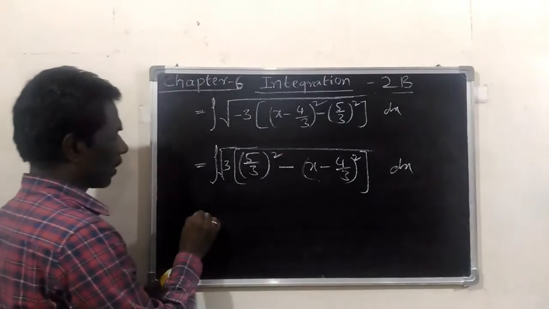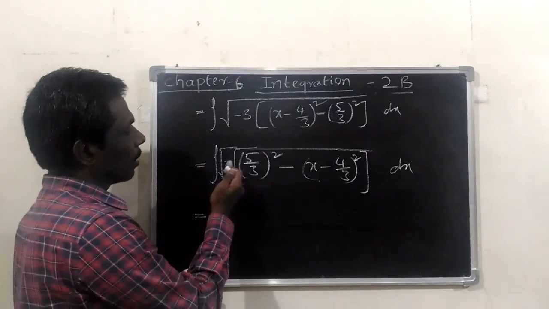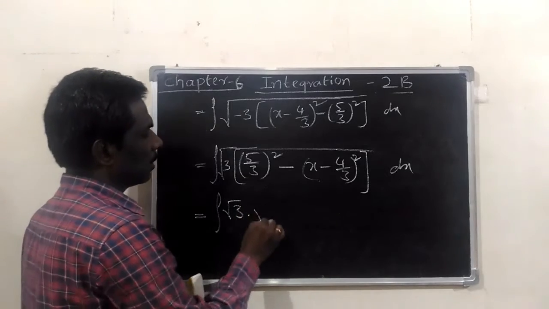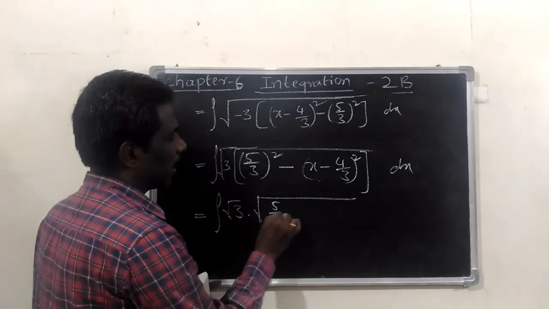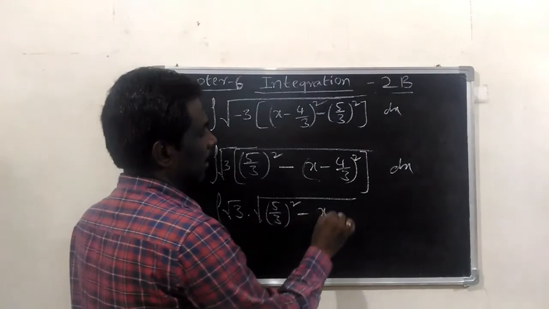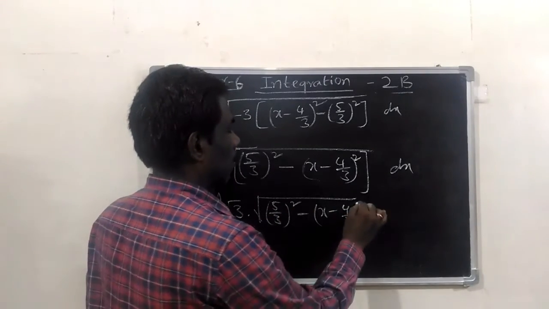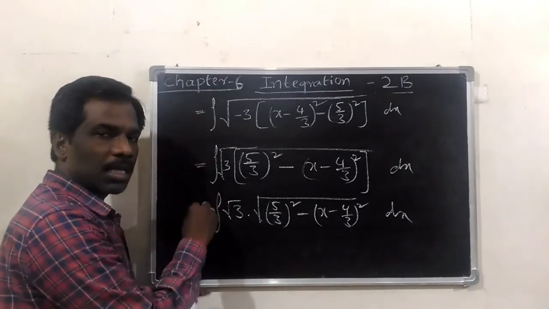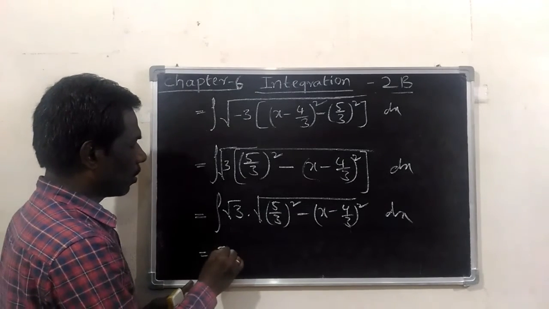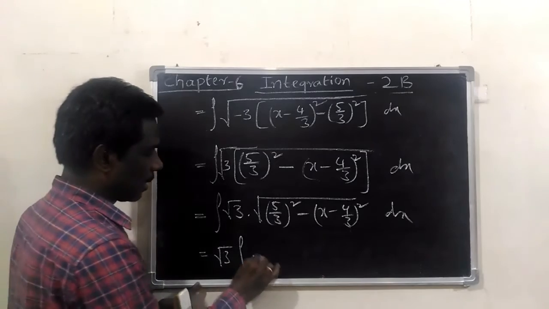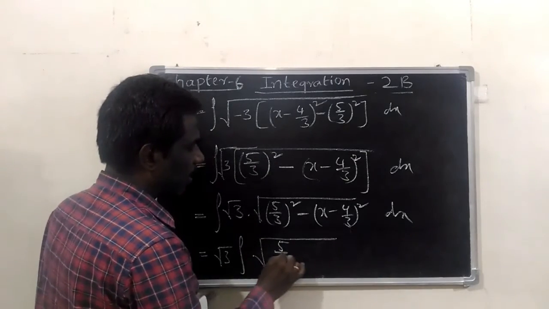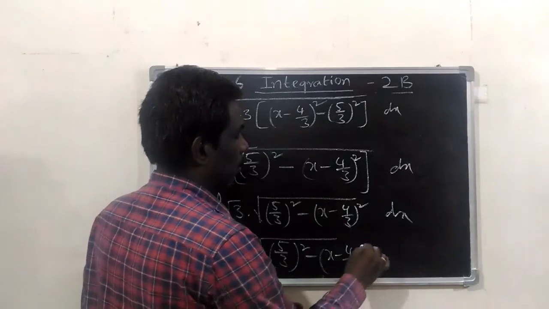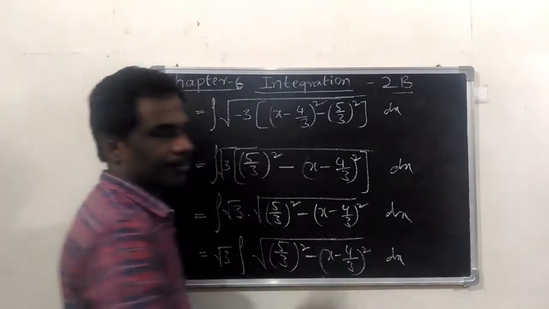Dx is equals to integral, now I separate this 3 with root, then it is root 3 into under root of 5 by 3 whole square minus x minus 4 by 3 whole square dx. Now we can take this root 3 outside the integral, so is equals to root 3 into integral under root of 5 by 3 whole square minus x minus 4 by 3 whole square dx.